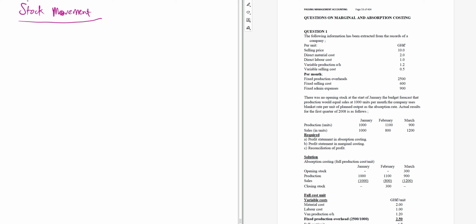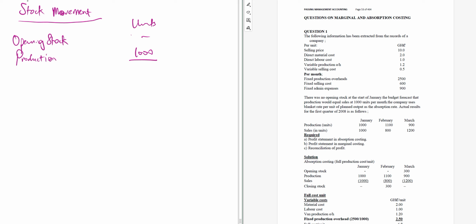So my stock movement in units. I ask, were there any opening stock? When you look at the question, they said there was no opening stock, nil. But were there any production during the period? How much did they produce? Once you read the question, it says they produced 1,000 units and they sold 1,000 units in January. So production was 1,000.